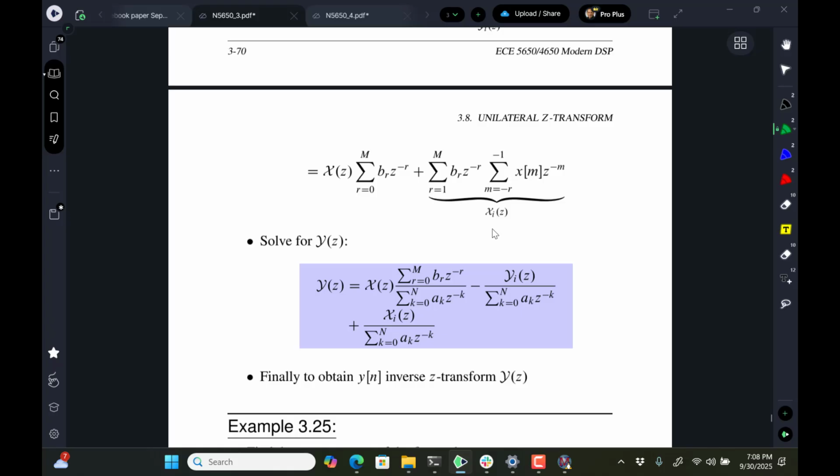But with the one-sided z transform, because of the delay theorem, these two pieces end up being the initial conditions, the values for x less than n equal to 0 and y less than n equal to 0. They carry through with the denominator from the H of z. It's just the way the mapping works: the initial conditions get filtered by all the poles on both the input and the past values. That blue box equation explains how the initial conditions work in.